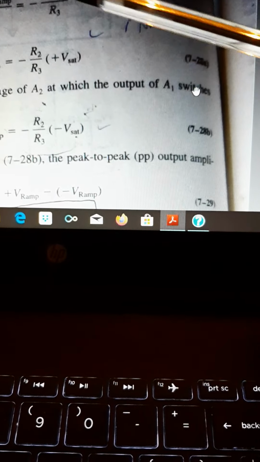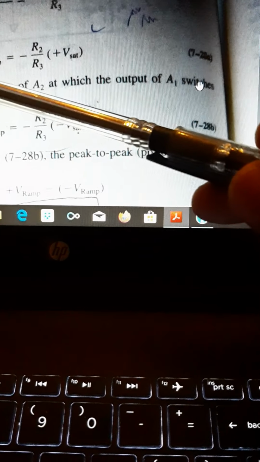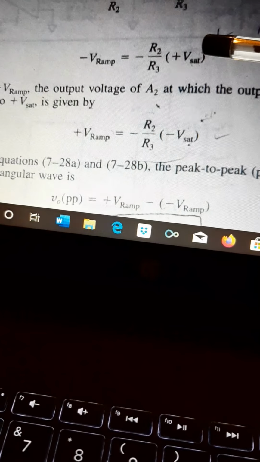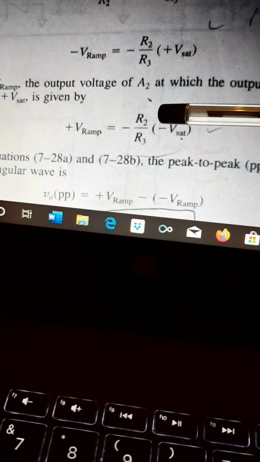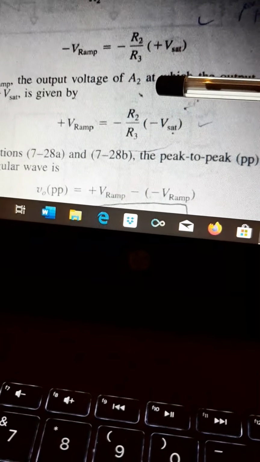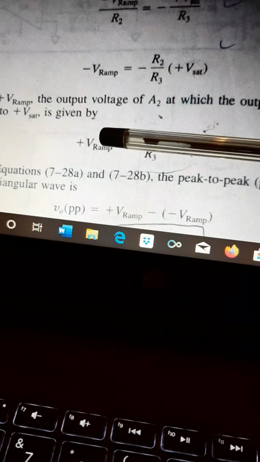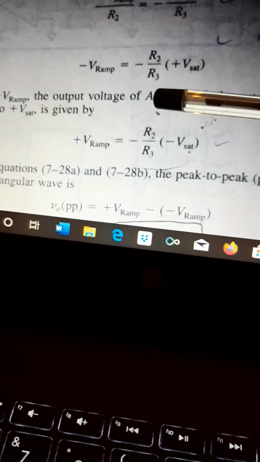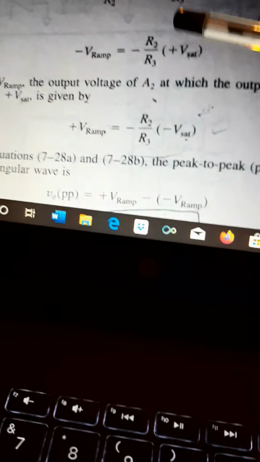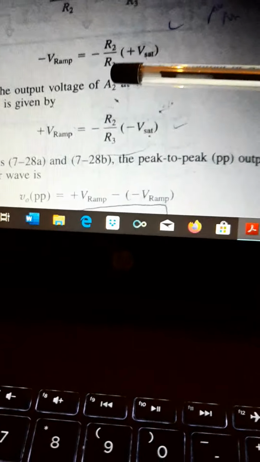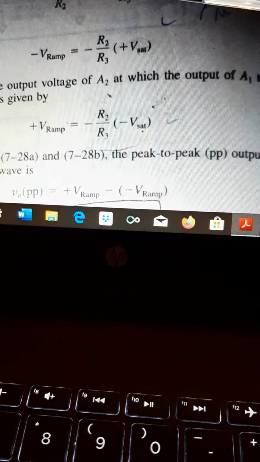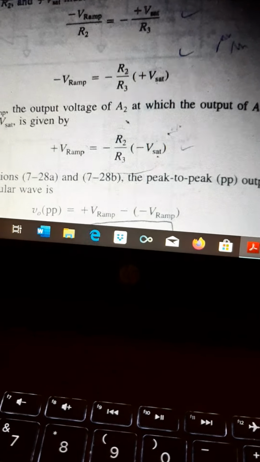Similarly, when the integrator output becomes plus Vramp, the potential at P will become slightly above positive. At that time plus Vramp by R2 is equal to... So could you tell me why we are getting a minus sign here?